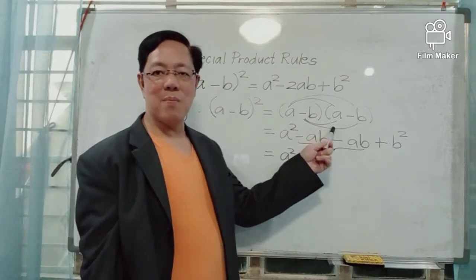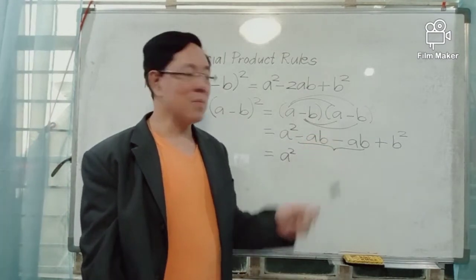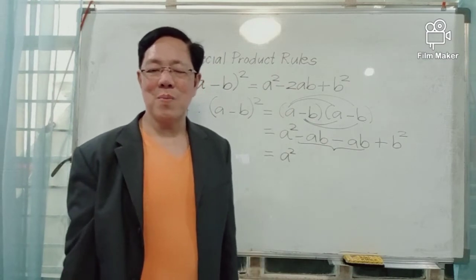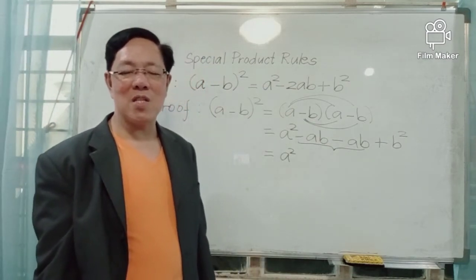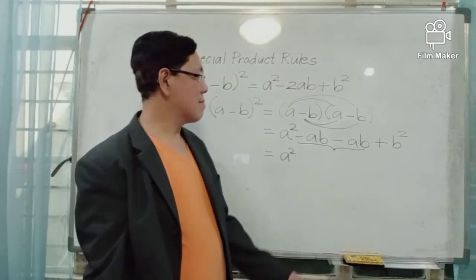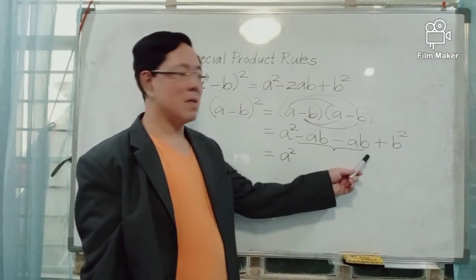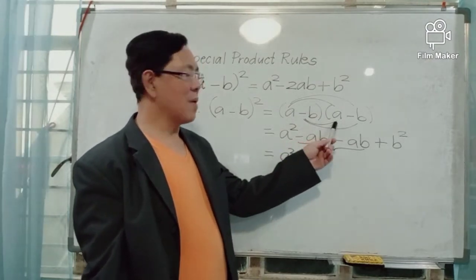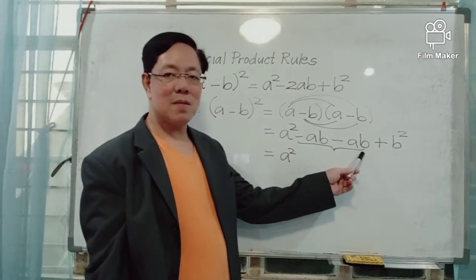And B multiplied by A is BA. But by commutative property of multiplication, the product BA is the same as AB. Hence, we write AB. Negative times positive is negative. B multiplied by A, we write as AB.